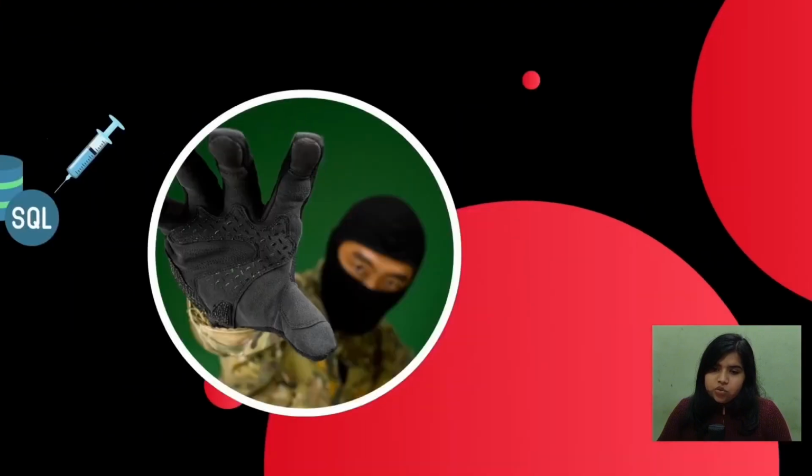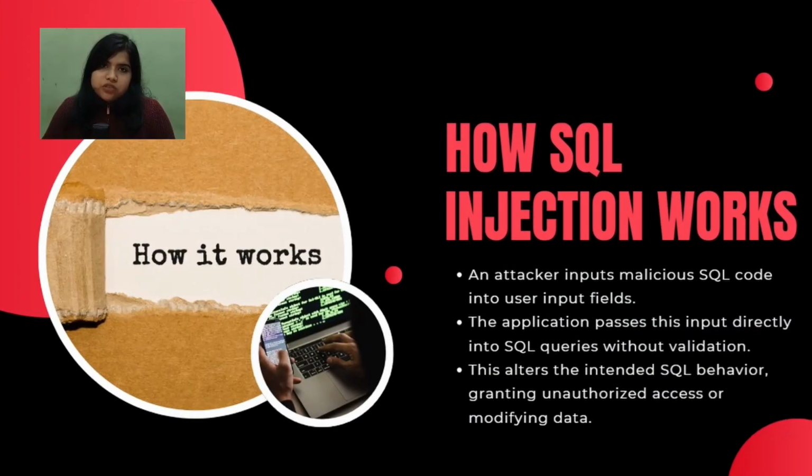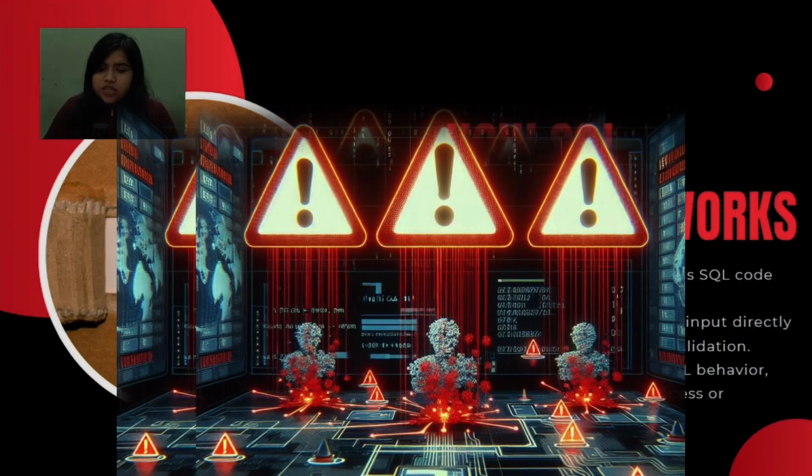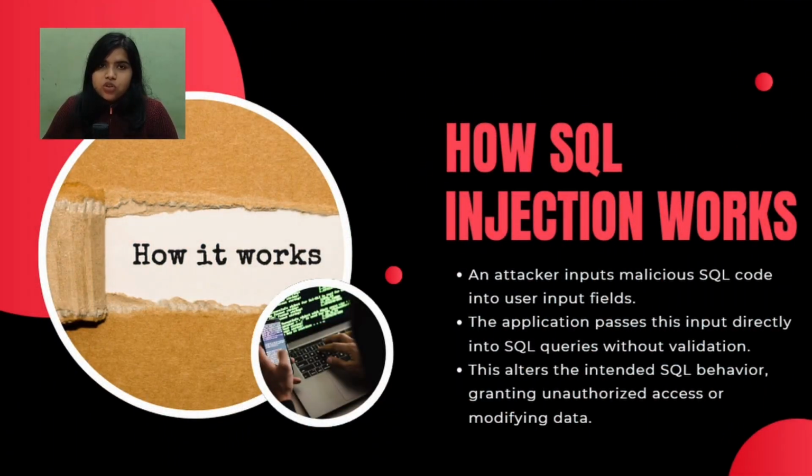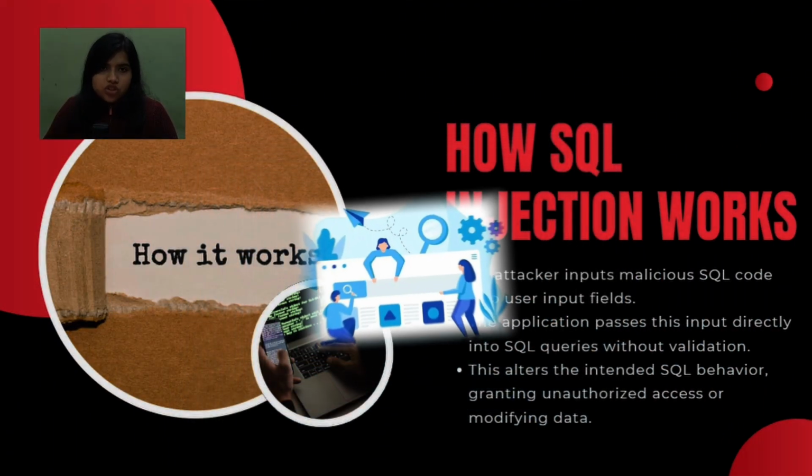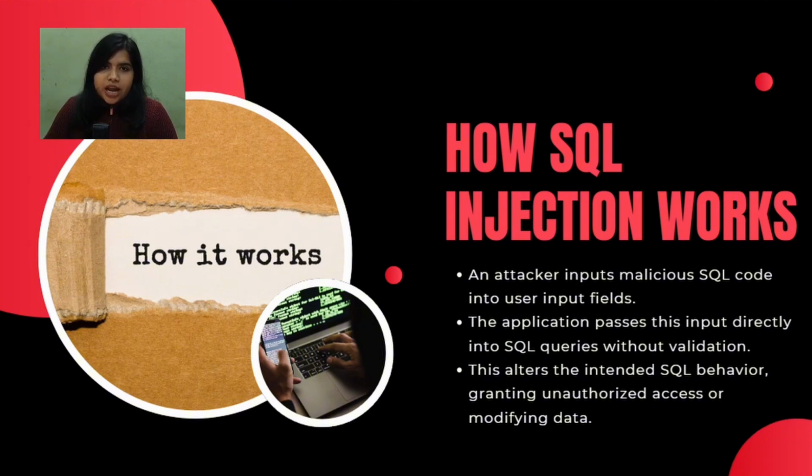Now, going next to how it actually works, how they get the access. An attacker inputs malicious SQL code into user input fields. On the website, we always have some search inputs, and we keep them to make it handy for users to search if they are looking for a particular thing or information.